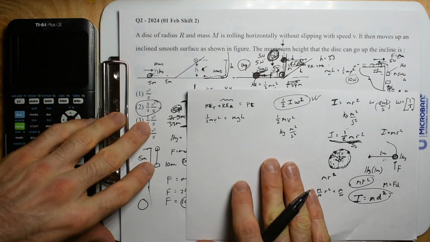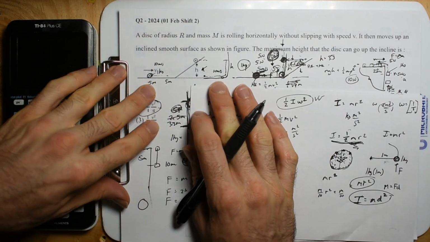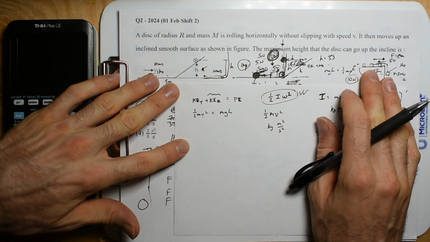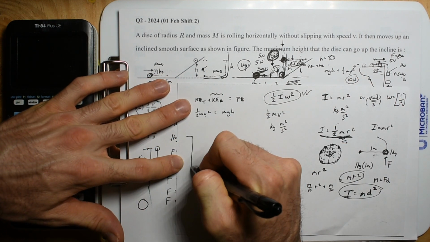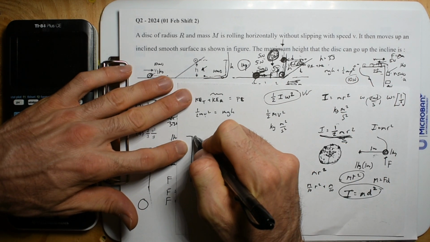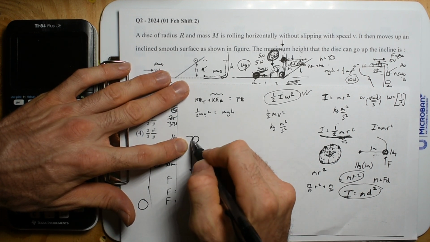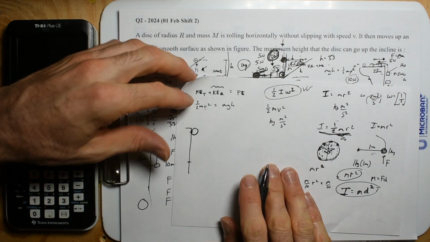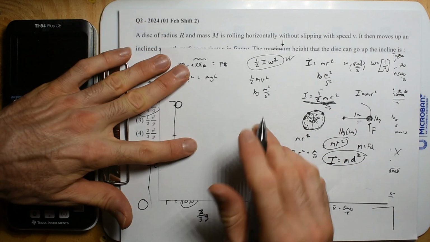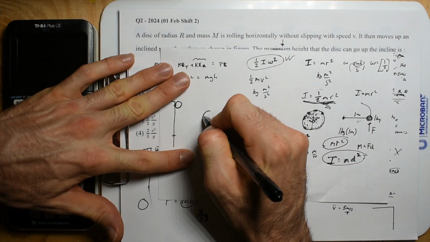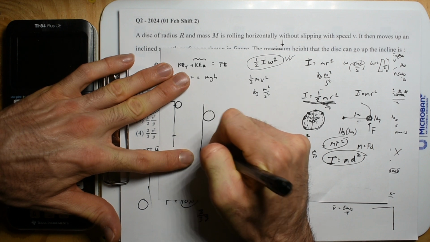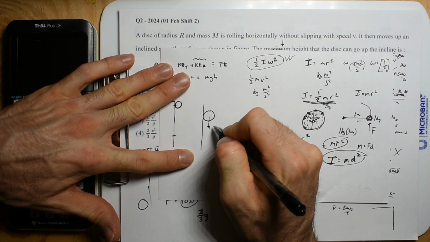I thought I solved this from the other perspective. So if I do have a disk that's rolling down the hill, this is a good problem because it's the one you want to be able to solve real fast.